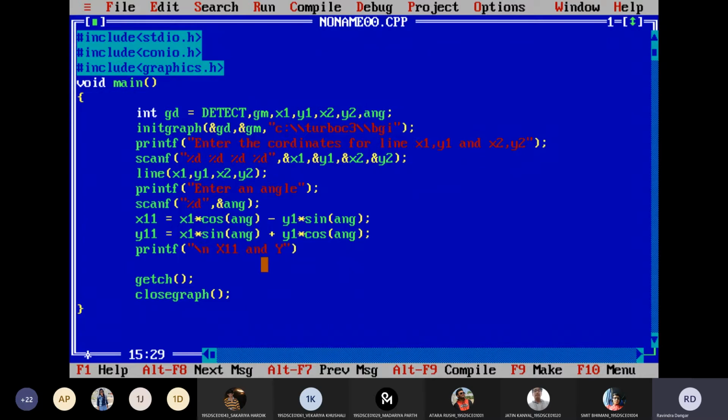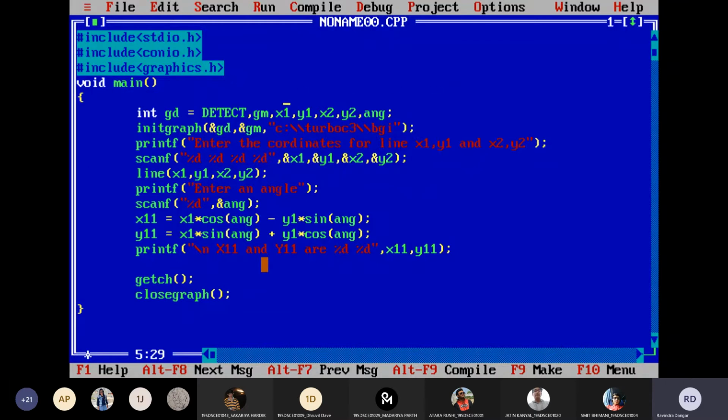x11 and y11 are percentage d. So it is not advisable to use percentage d, because when you go with sine and cos, you may get fractional values as well. So for this example, it is not advisable to go with the integer data type. So let me change it.